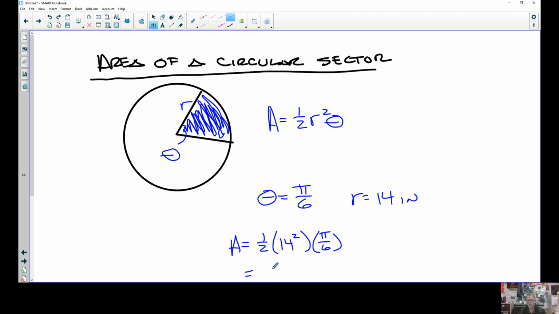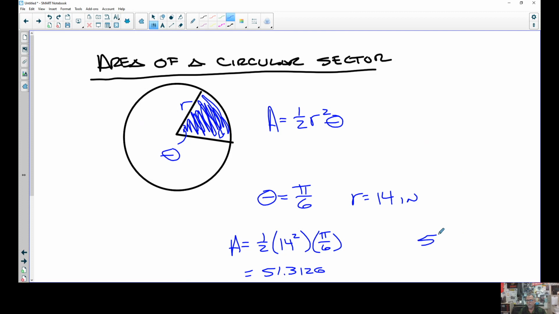And I would start with 14 squared on my calculator, do 14 squared times 0.5, and then times pi, and then divide by 6. And I would get 51.3126.